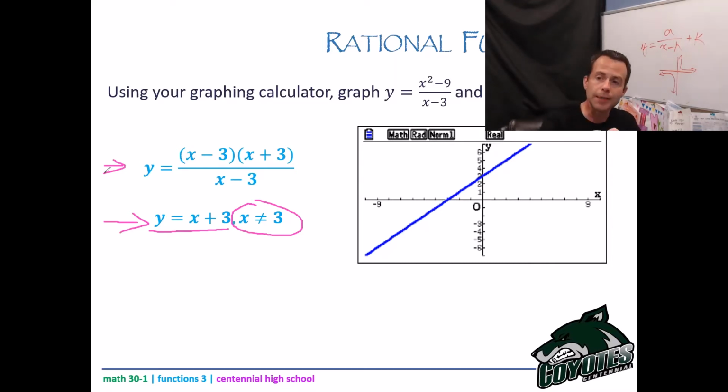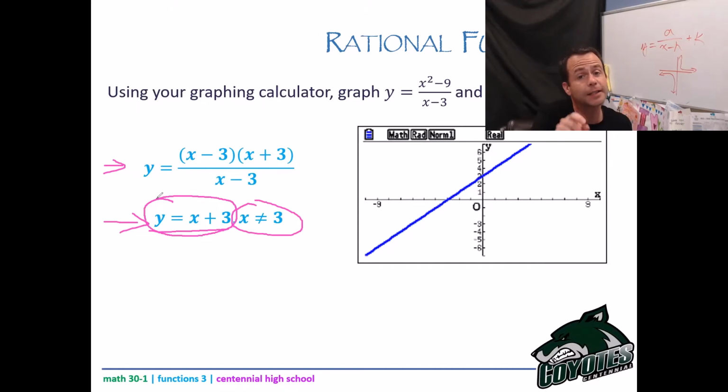Now, with that thought, there's an additional thought. If x can't be something, if there's a hole in my graph, then there has to be a forbidden y value as well, right? Because every point has an x and a y value. So if there's a forbidden x value, there must be a forbidden y value. Well, how do I figure out what that forbidden y value is? Well, I can plug the forbidden x value into my simplified version.